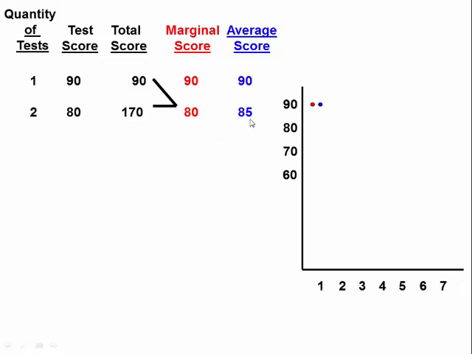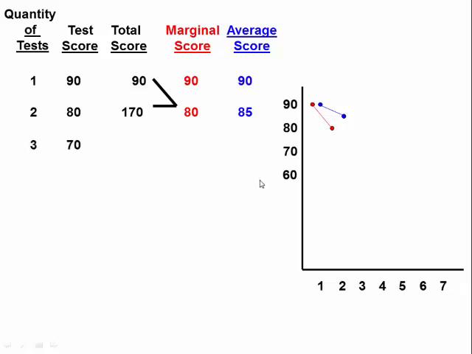Let's go ahead and plot this. Again, plot the marginal between the quantities. Do you notice as the marginal is going down, that is starting to pull the average down, but it pulls the average down at a slower rate than what the marginal is. Let's say you take the third test, and the third test you don't do as well.